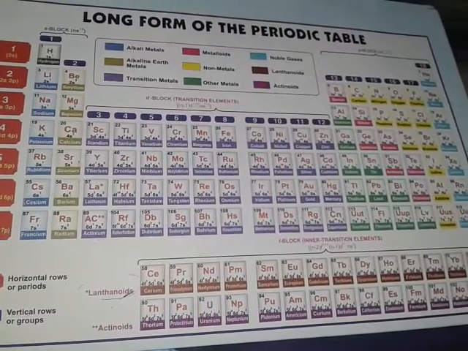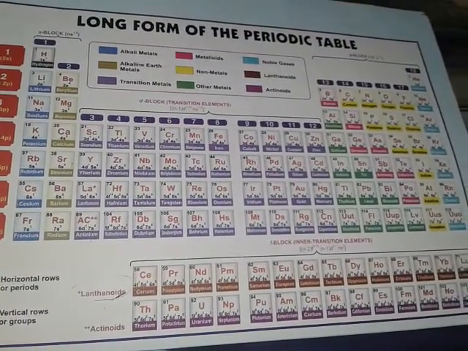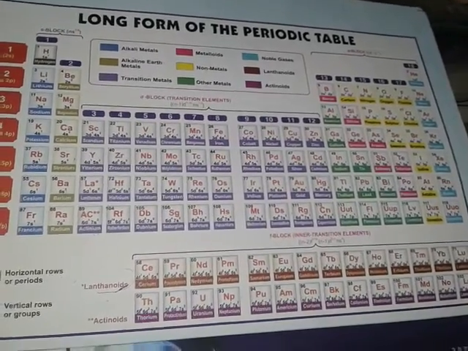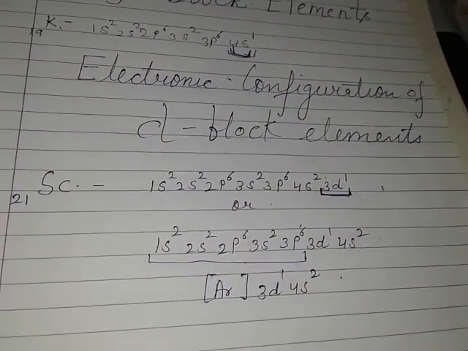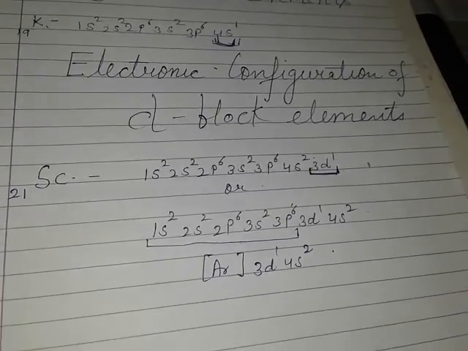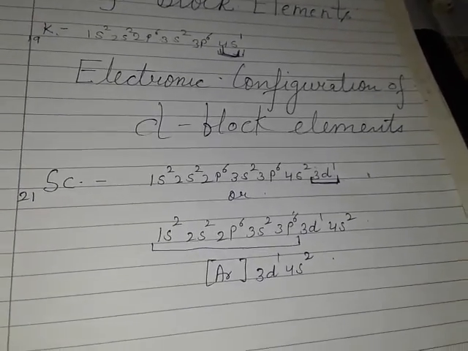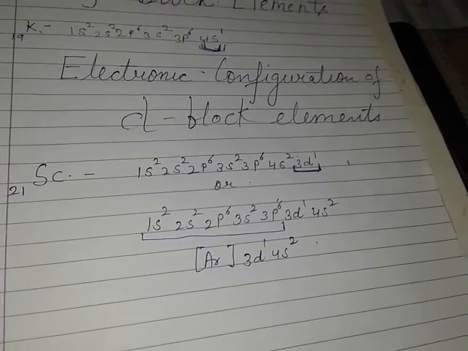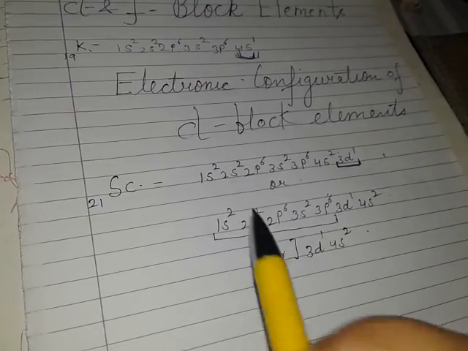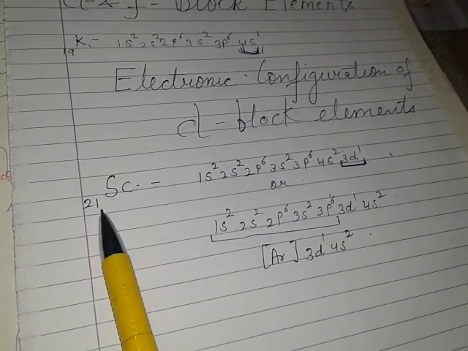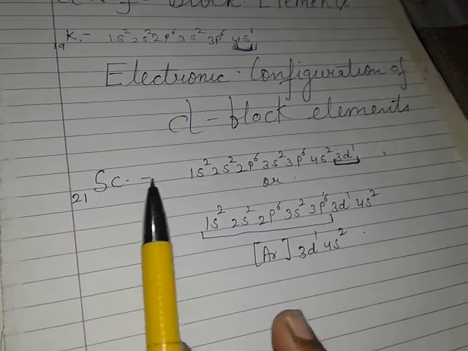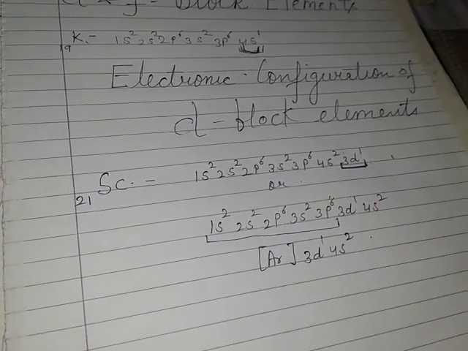So first of all, we have to learn how to write down its electronic configuration. Now we have to focus on a very important section of this chapter, that is the electronic configuration of D block elements. Here I'm illustrating a very easy example, the very first element of the D block, that is scandium. Its symbol is Sc, atomic number is 21. Since its atomic number is 21, we have to fill electrons in the increasing order of their energy.